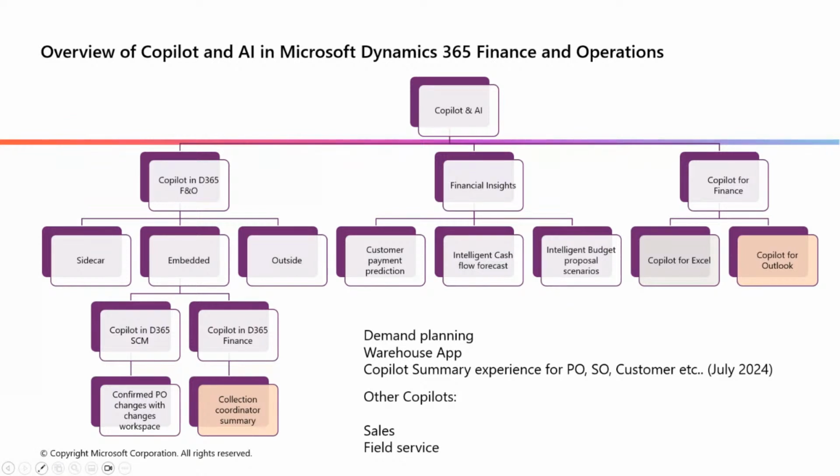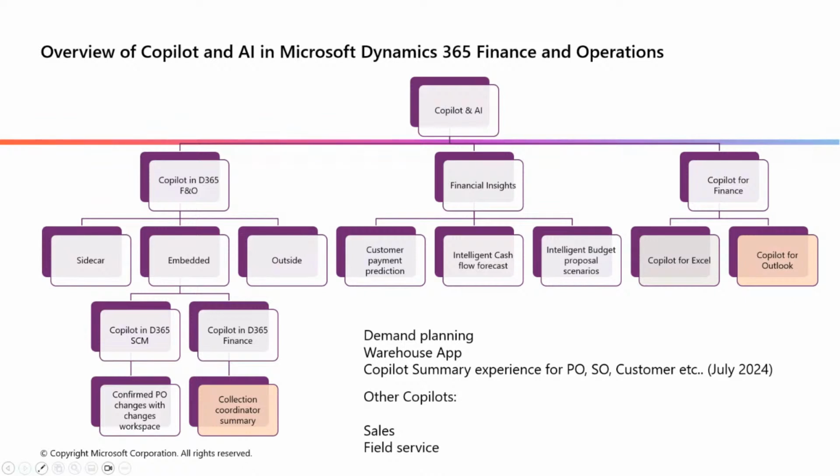I know the Copilot is based on the AI itself, but I'm calling out both separately because there are different capabilities and features which are available and which might sometimes be a bit confusing for us when we look around and see that there are so many capabilities, so many co-pilots which are available, what it is for us in finance and operations. So today's session is completely focused on the finance and operations capabilities and the features which we have.